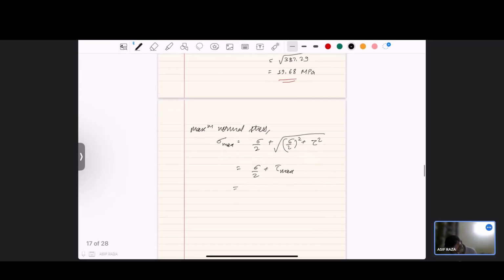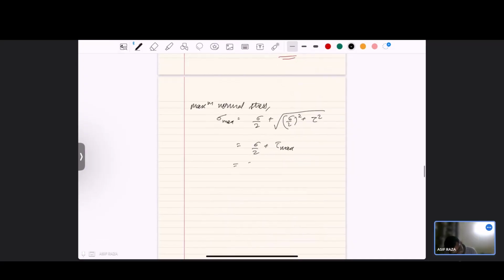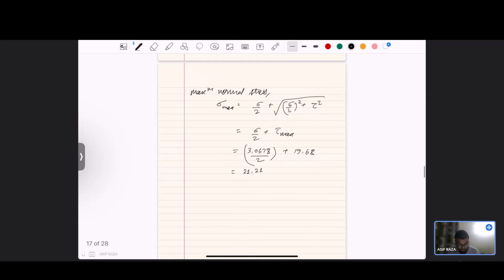This would be equal to 3.0678 by 2 plus 19.68, and finally it comes around 21.21 megapascal.